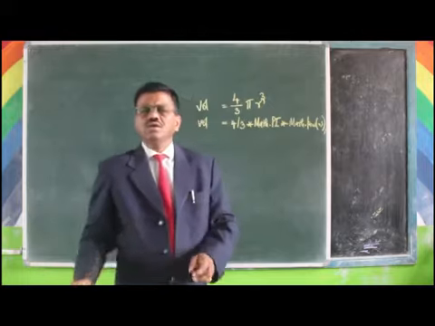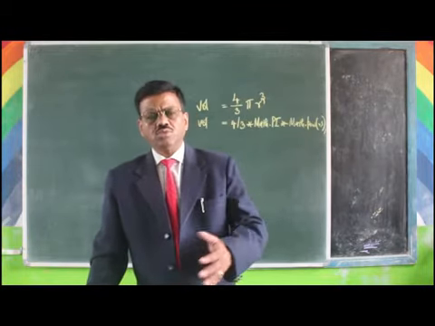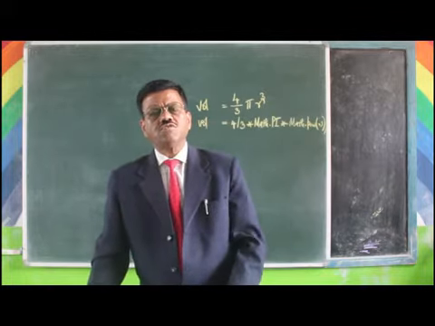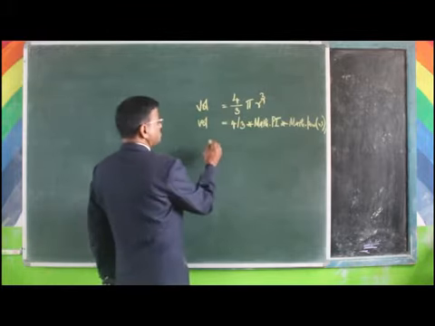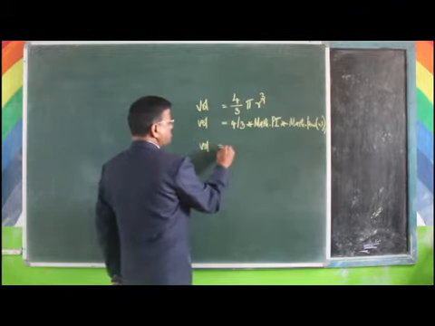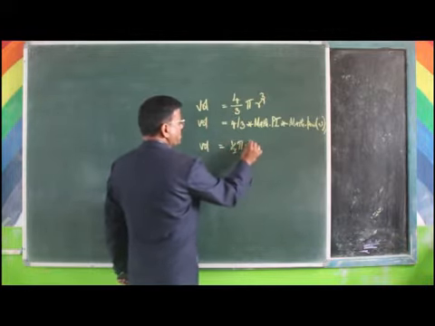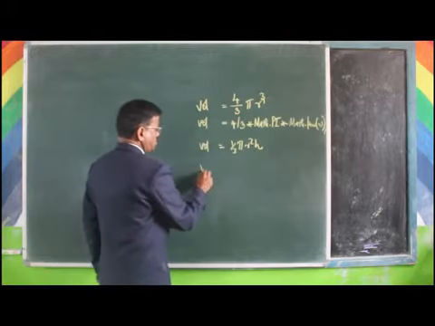Should I explain one more algebraic expression and convert it into Java form? Yeah, here I go. Volume of a cone is equal to 1 by 3 pi r square h. So how do you do it?